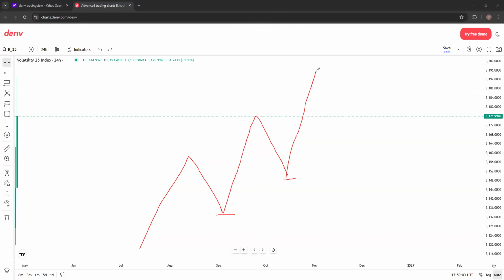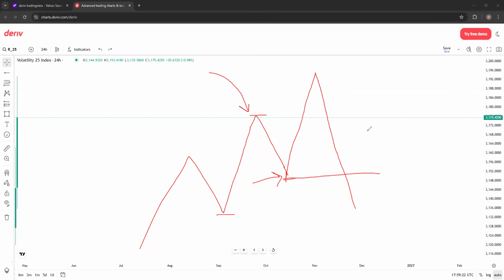But then what you see here is we have a low that broke a high right here. And at some point, price can just come and break the previous low. This is what we call a breakout structure. Why? Because we are breaking a low that had broken a high.